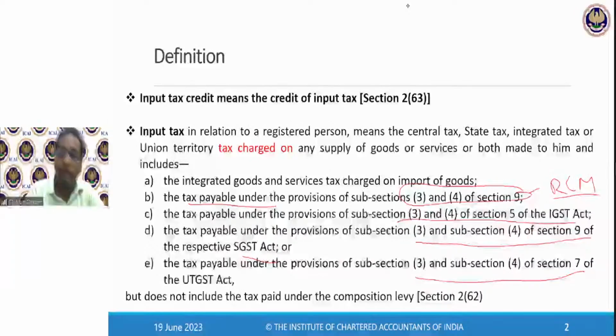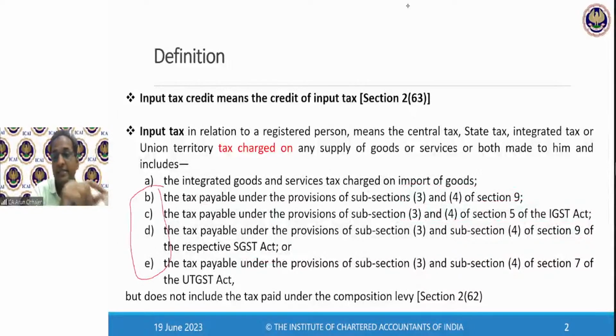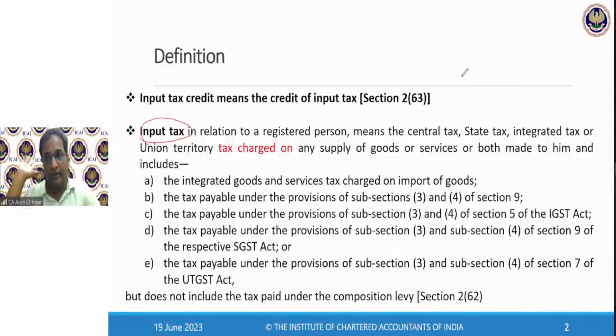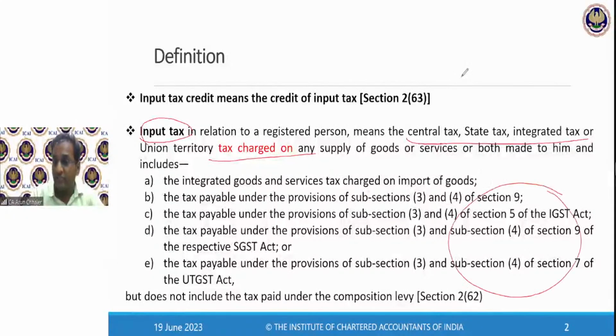Meaning thereby, from clause B to clause E, it says RCM GST paid by the recipient under reverse charge, whether it is SGST, UTGST, CGST or IGST, will be the input tax and ITC would be available. So one thing is clear, that for the GST paid under forward charge or under reverse charge, ITC would be available to the recipient. Last thing it says, but does not include the taxes paid under composition levy.